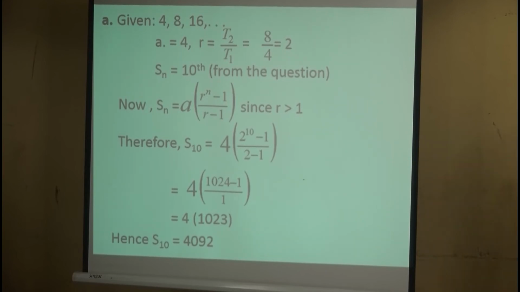Given our GP as 4, 8, 16, we first find the common ratio. Of course, from the question given, our first term, which is A, is equal to 4, while the common ratio is T2 divided by T1, which is the second term, that is 8, divided by the first term, which is 4.